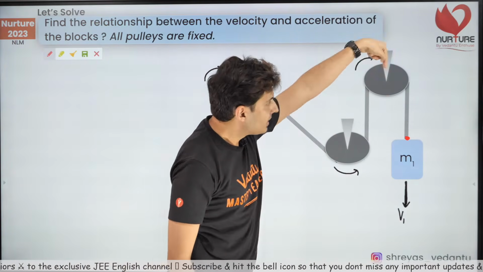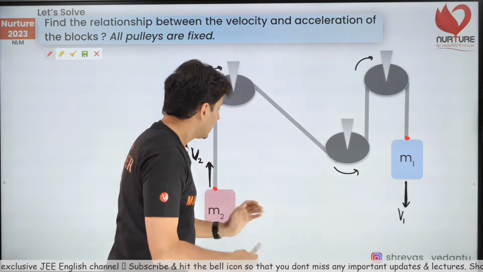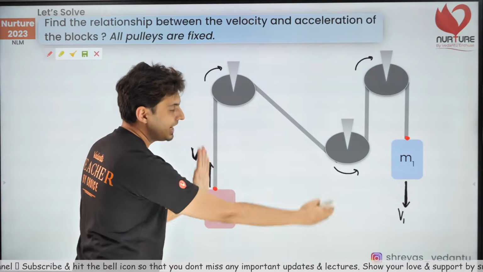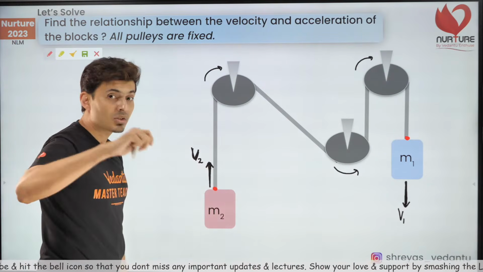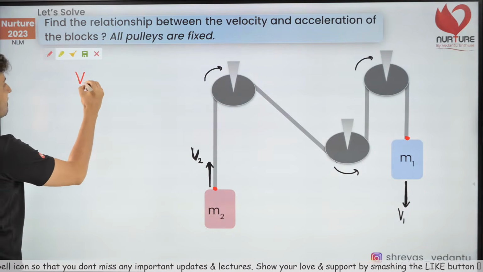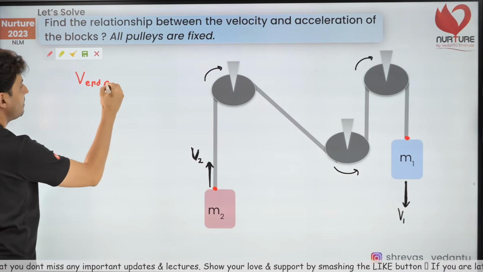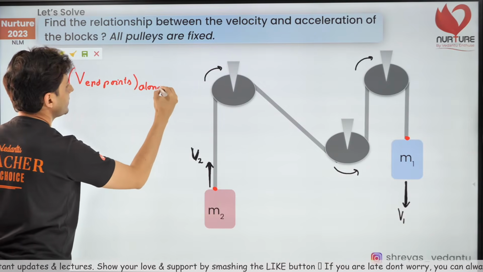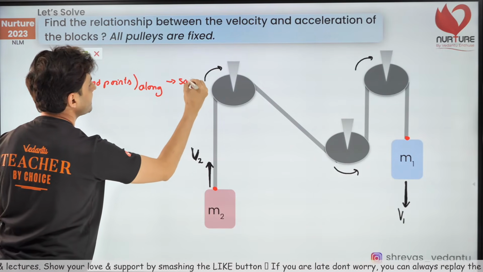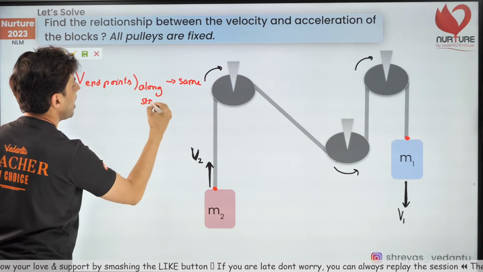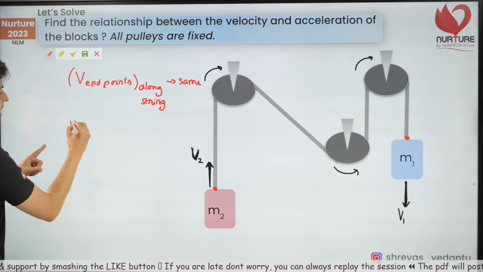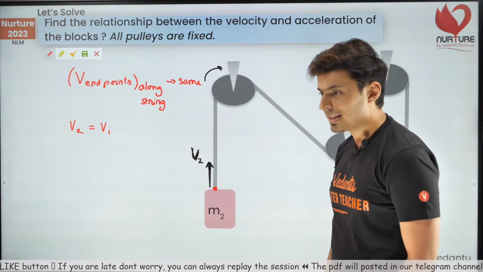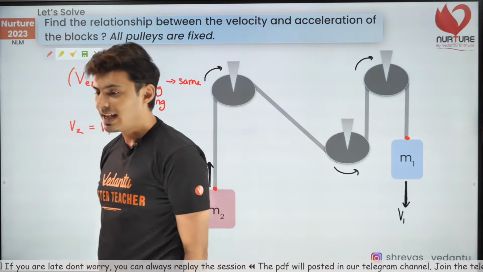Even this velocity is completely along the string. There is no other component along the direction of the string. I hope this is clear. So hence, since the velocity of the endpoints along the string are the same, can I say V2 should be equal to V1? Everybody getting this point? Yes, V1 should be equal to V2, as simple as that.